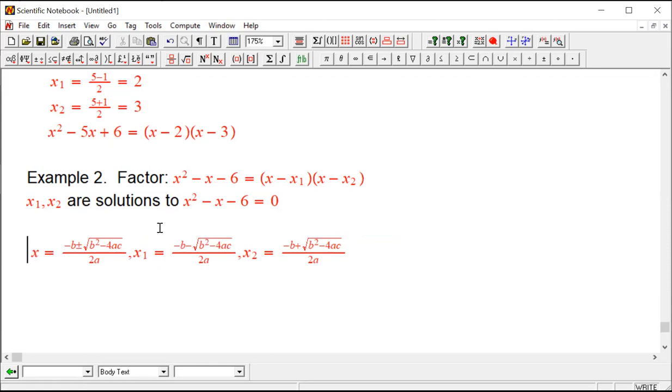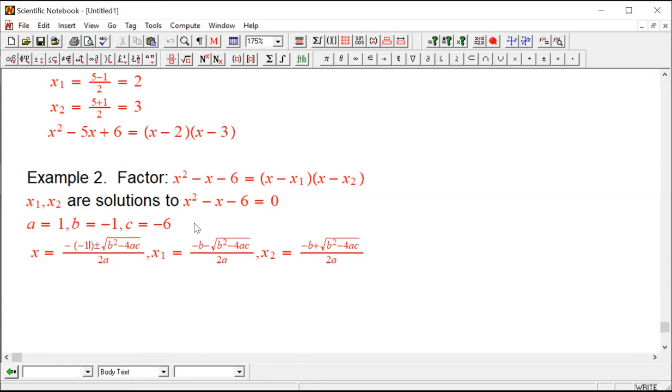And what is a? a is equal to 1, b is equal to -1, c is equal to -6. Now we just plug in. b is -1, and b is -1.